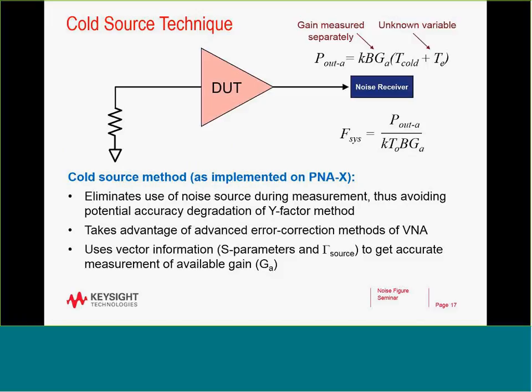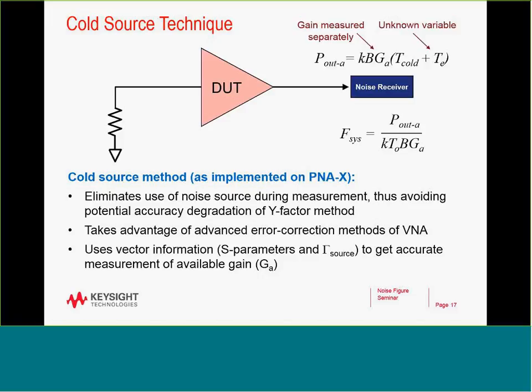Let's talk about the cold source technique. With the cold source technique, we don't have a noise source, but we use a termination. Basically, the test port of the network analyzer is a termination. You'll see we have the same formula here: the P out is equal to kTB, the gain and the effective noise power.